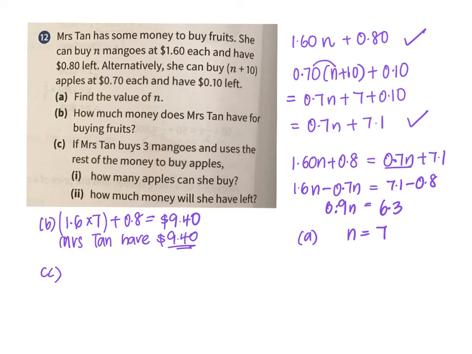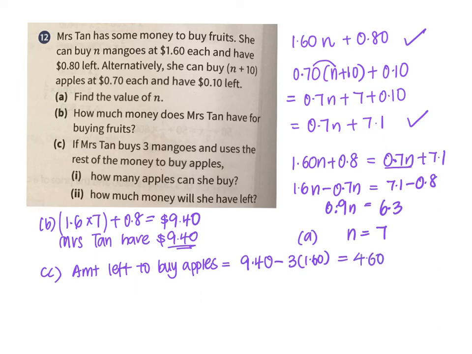So if I buy 3 mangoes, I originally have $9.40, okay, the amount of money left to buy apples is actually $9.40 minus away the cost for 3 mangoes. 1 mango is $1.60 each, so minus 3 times 1.60, I'm left with a total of $4.60.